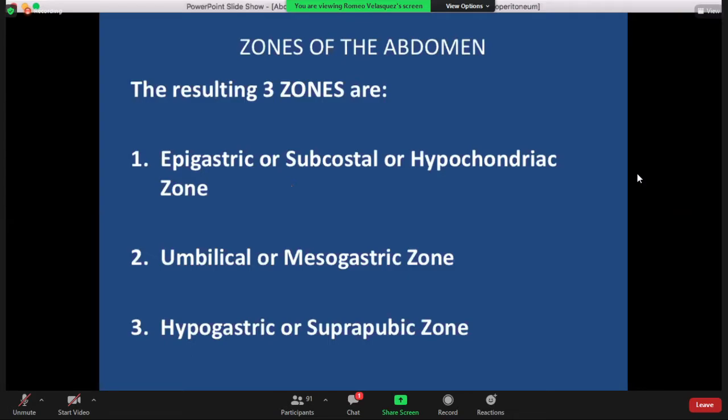Just using the horizontal lines, you have the epigastric zone, umbilical, and then hypogastric. Those are other names, hypochondriac, mesogastric, and suprapubic. But these are the more commonly used ones, epigastric, umbilical, hypogastric. Or you can also use the term suprapubic or infraumbilical.